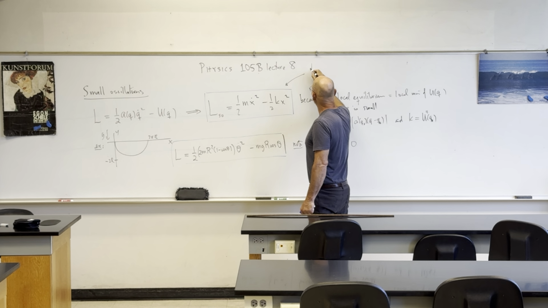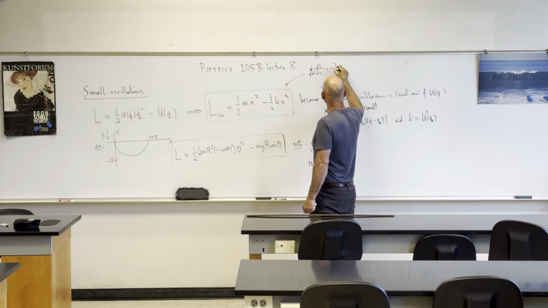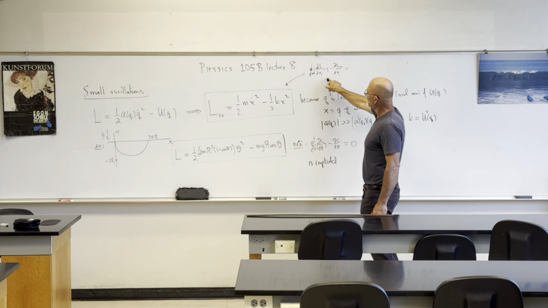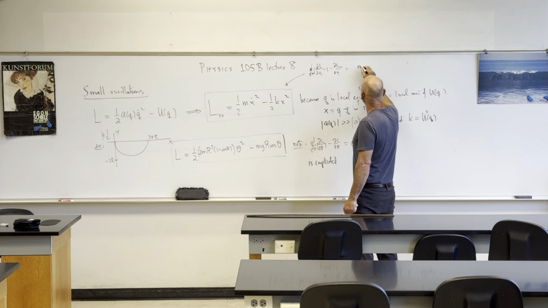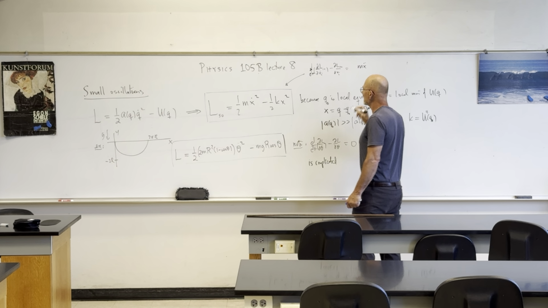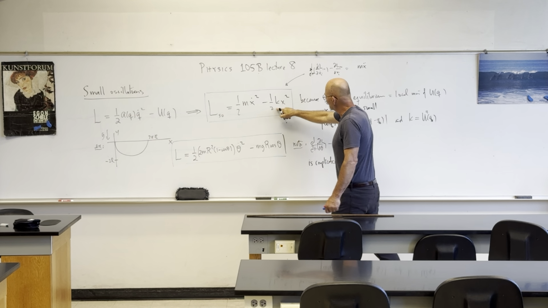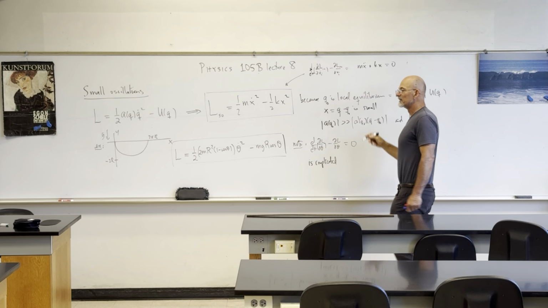So d over dt of dL small oscillations d x dot minus dL small oscillations dx equals, well, derivative with respect to x dot is m x dot, so m x double dot, that's our time derivative, and this other one here, minus negative, is plus kx equals 0.